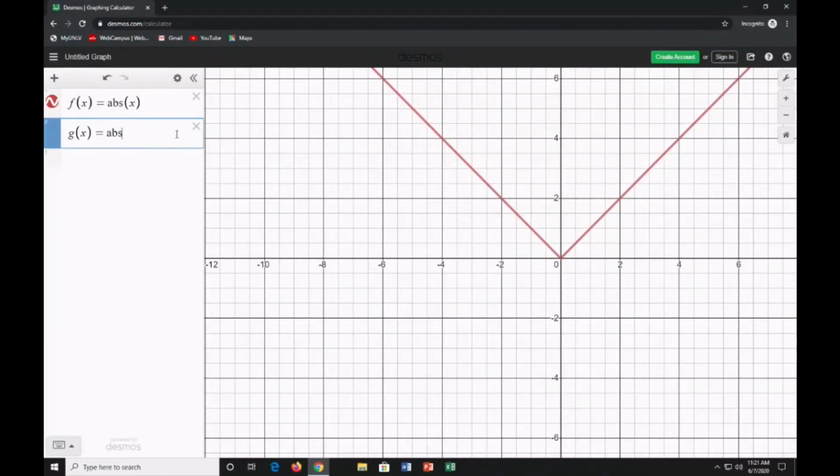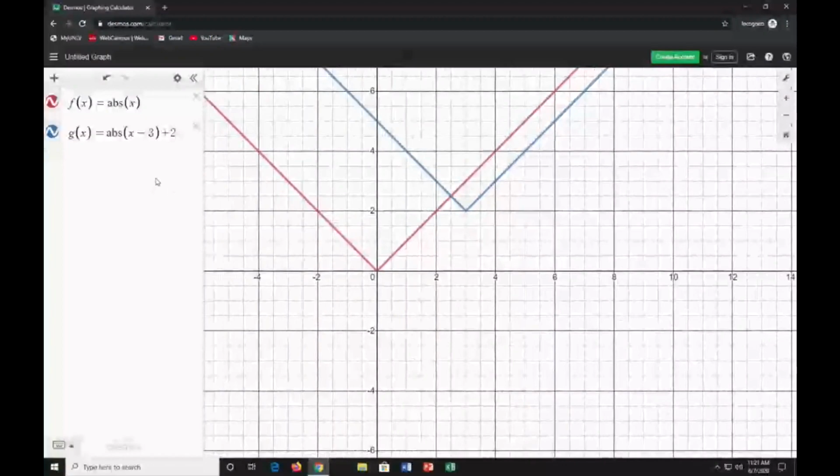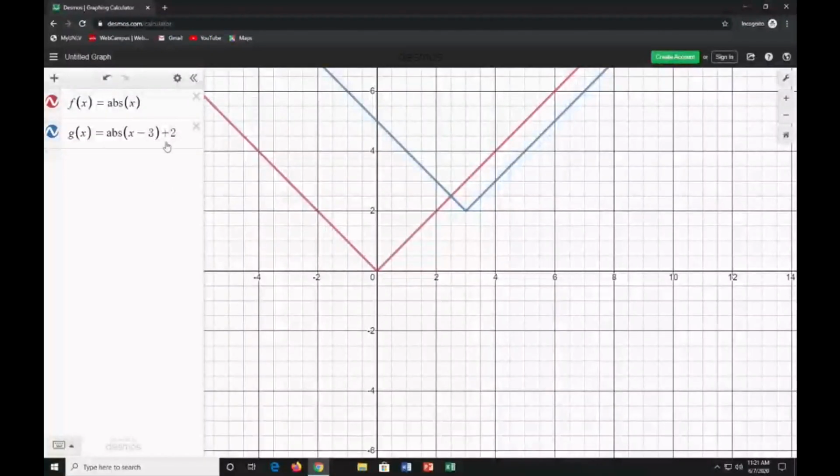So the first one is the same. It's the absolute value function. I'm not going to erase that. But now we have g of x equals the absolute value of x minus 3. Oops, I need to fix that. So absolute value of x minus 3 plus 2. There. So what happened is we have 3 units movement to the right, right?